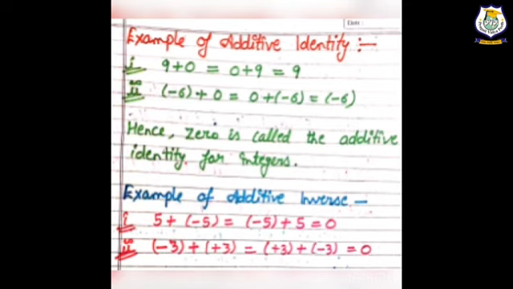So 5 + -5 = -5 + 5, which is equal to 0. Here is one more example: -3, and its additive inverse is +3. So -3 + 3 = 3 + -3, which is equal to 0.